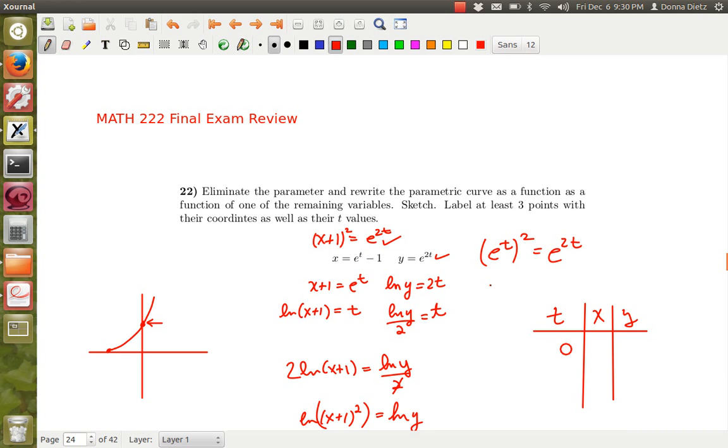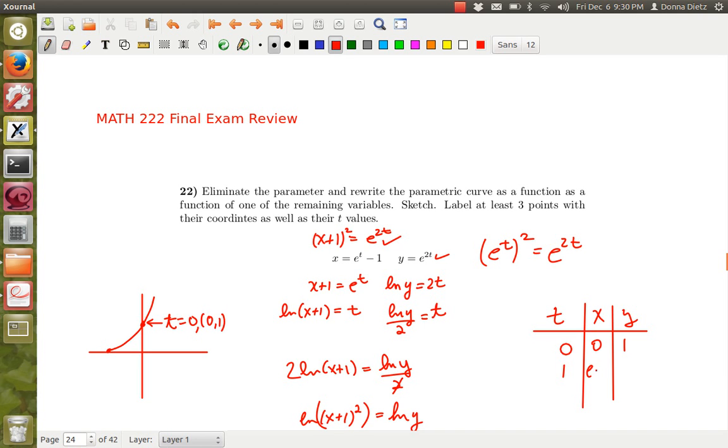Right, so x is e to the 0, which is 1, minus 1. So 1 minus 1 is 0. E to the 0 is 1. So this would be t equals 0, and it's the point 0, 1. Okay? And then what about t equals 1? Well, most people would try that.